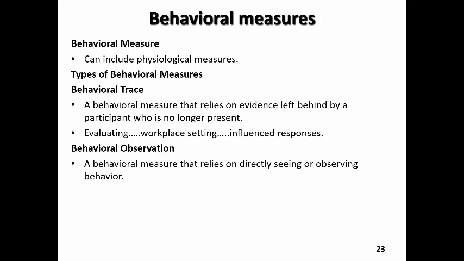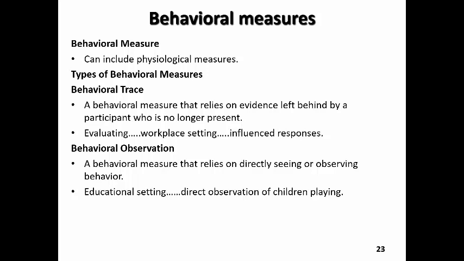Behavioral observation involves the researcher making a direct observation, directly seeing that particular type of behavior. And this is very common within the educational setting, sometimes in the clinical setting as well.